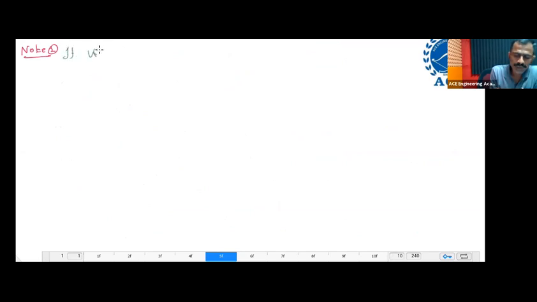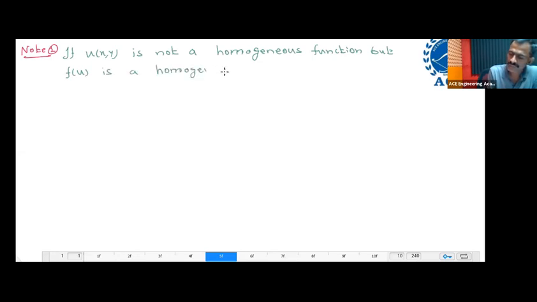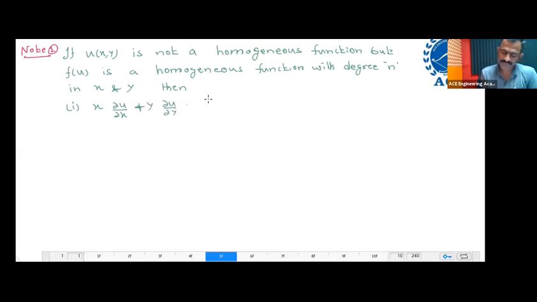If u of x comma y is not a homogeneous function, but f of u is a homogeneous function with degree n in x and y, then the first result is x into dou u by dou x plus y into dou u by dou y equal to n into f of u by f dash of u.